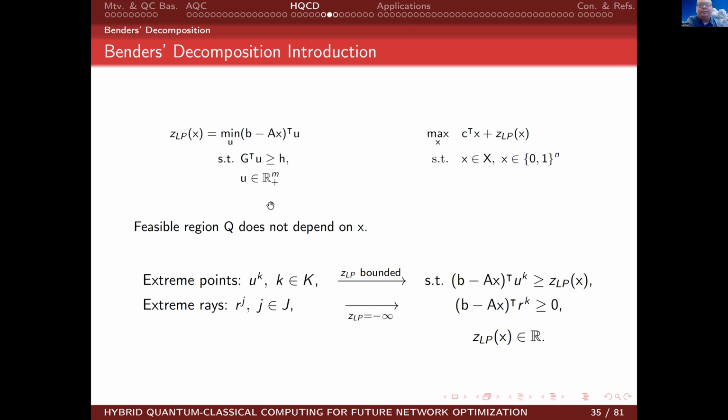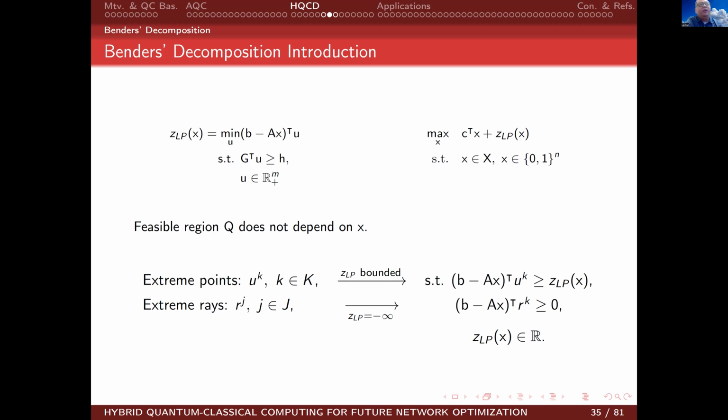Because linear programming satisfies strong duality, we can get the extreme points and extreme rays. For the extreme points, if we can solve the subproblem and get a feasible solution, then we can find the extreme point for this u.